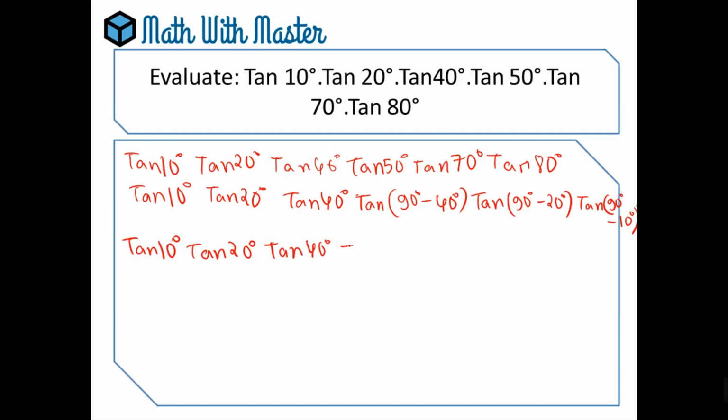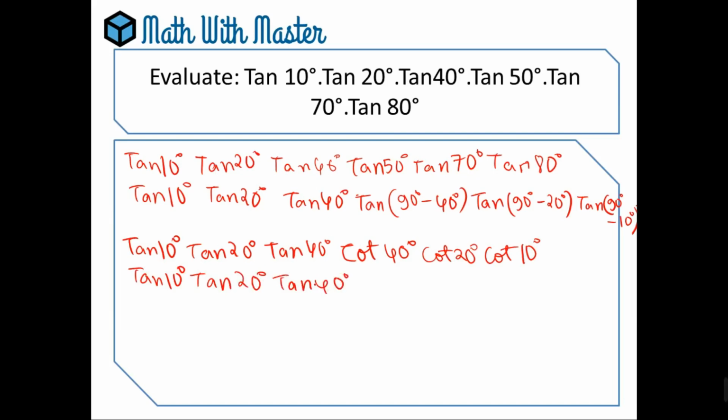Now we replace the others with cot 40°, cot 20° and cot 10°, because tan(90° − θ) is cot θ. We keep the 3 starting terms as they are. Now cot 40° becomes 1 upon tan 40°, cot 20° becomes 1 upon tan 20°, and cot 10° becomes 1 upon tan 10°.